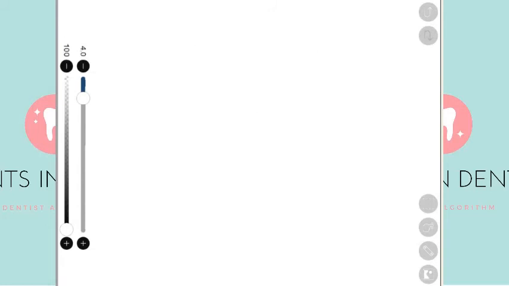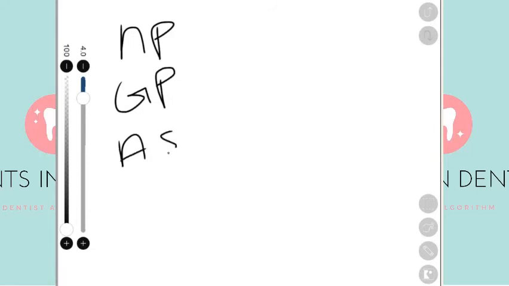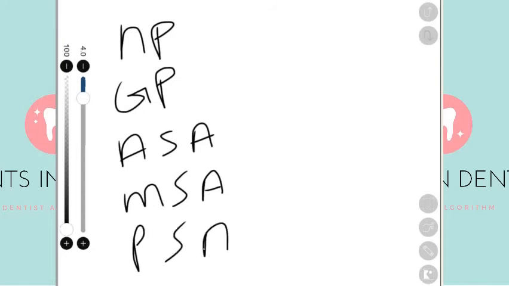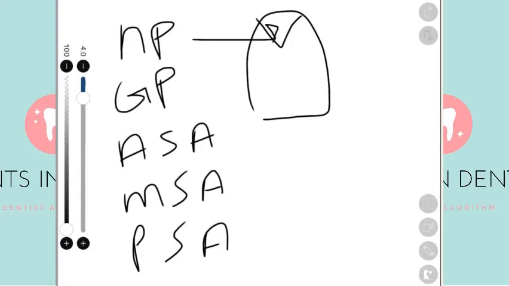And what is very important to us dentists is the nasopalatine nerve, greater palatine nerve, anterior superior alveolar nerve, middle superior alveolar nerve, and the posterior superior alveolar nerve. The nasopalatine nerve supplies the anterior part of the hard palate, and the greater palatine supplies the posterior part of the hard palate.